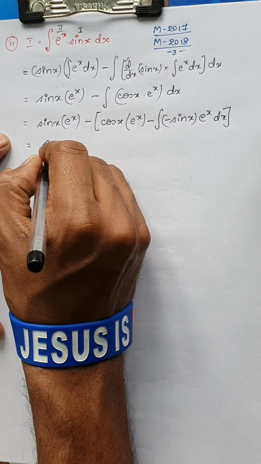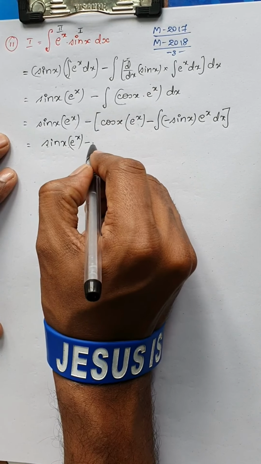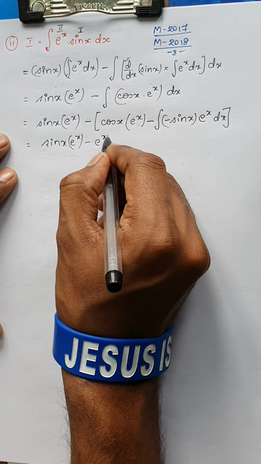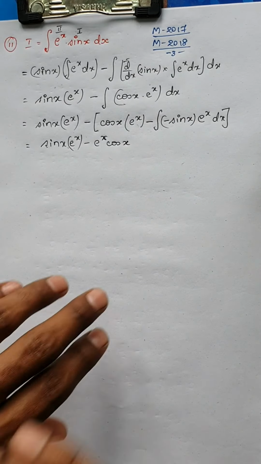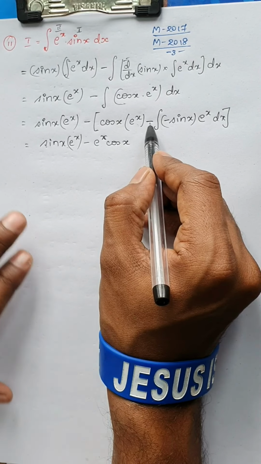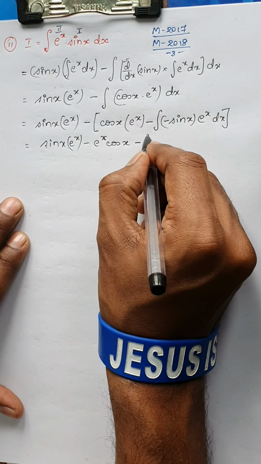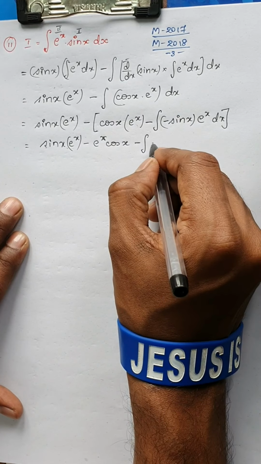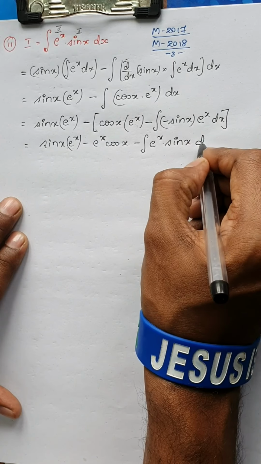This is nothing but sin x into e power x minus, again, e power x into cos x. Remove the bracket. Now remember, minus of minus becomes plus, but again I have a minus there, so this becomes minus the integral of e power x into sin x dx.